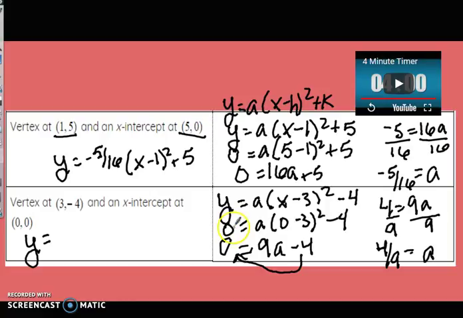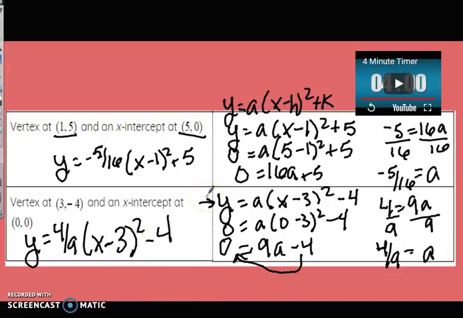This is 0. This is a y right here. Oh, that was before. All right, yeah, that's a y. All right, so y equals 4/9 times x minus 3 squared minus 4.